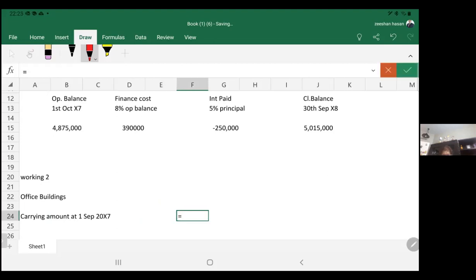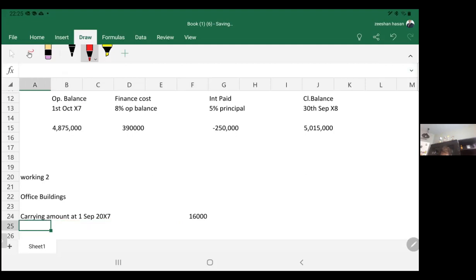It is equal to, I'll be working in thousands, 20,000 minus 4,000, the accumulated depreciation we noticed. That gives 16,000.